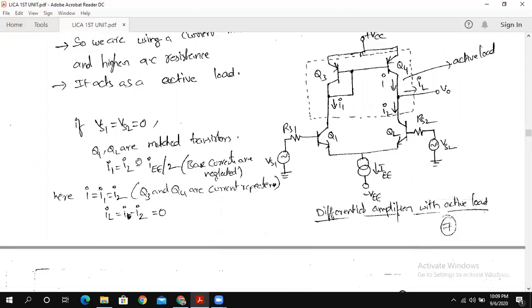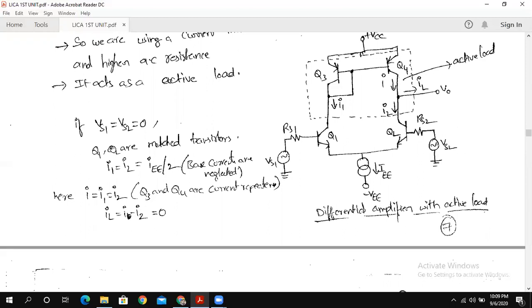Here, if the input signals Vs1 and Vs2 are equal to 0, Q2 and Q1 are matched transistors. Then the currents I1 and I2 will be of equal magnitude, which is equal to half of the emitter current.